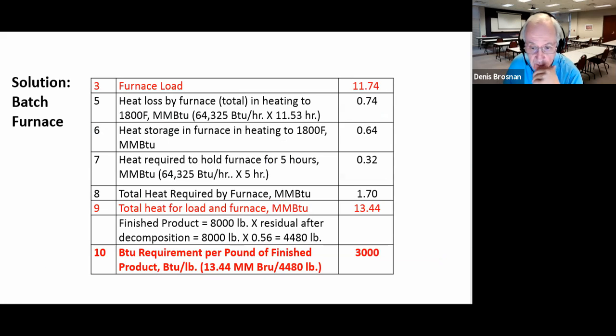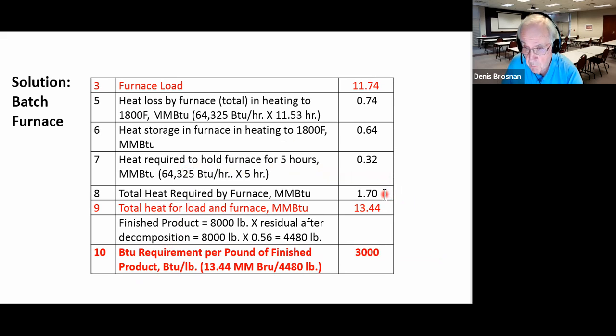So once you reach the soak temperature, the highest temperature, we're going to keep losing 64,325 BTUs per hour times 5 hours. That whole is going to cost us 0.32 million BTUs. So we add all that up, and the total heat required by the furnace is 1.7 million.